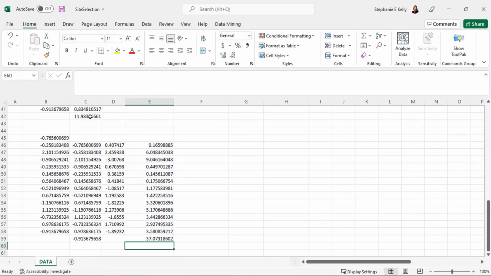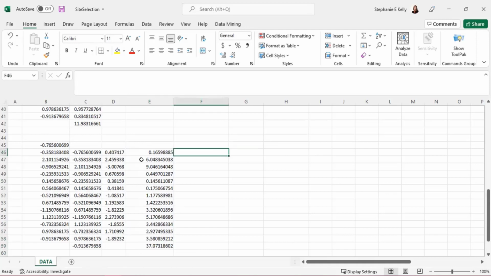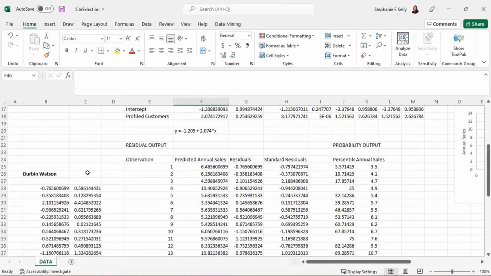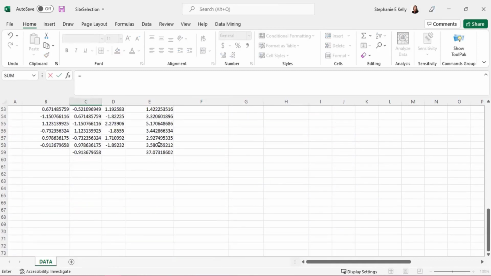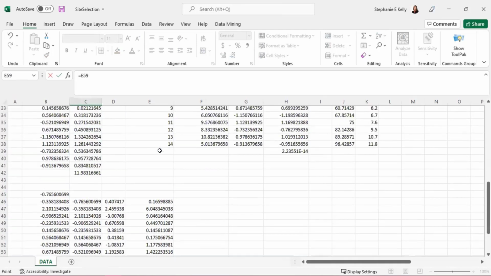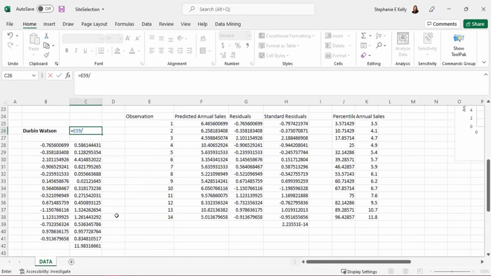Then for our Durbin-Watson, we take this value. So back here, our Durbin-Watson, that is equal to this value divided by this value. So again, the Durbin-Watson is scored on a range of 0 to 4.